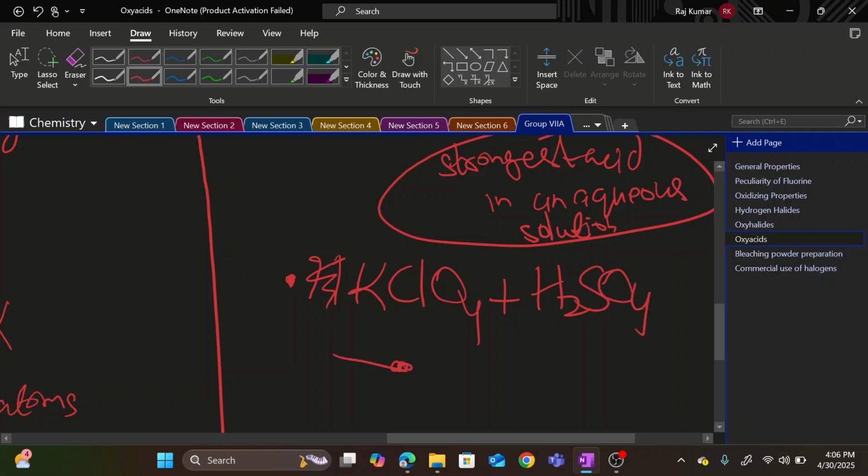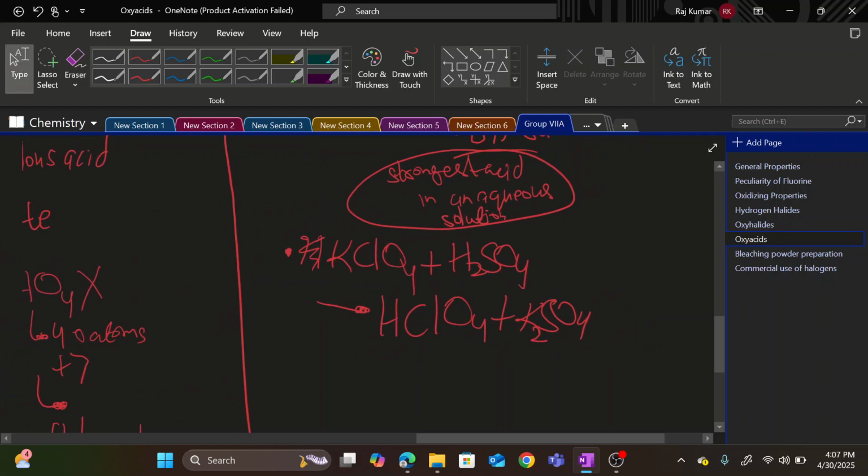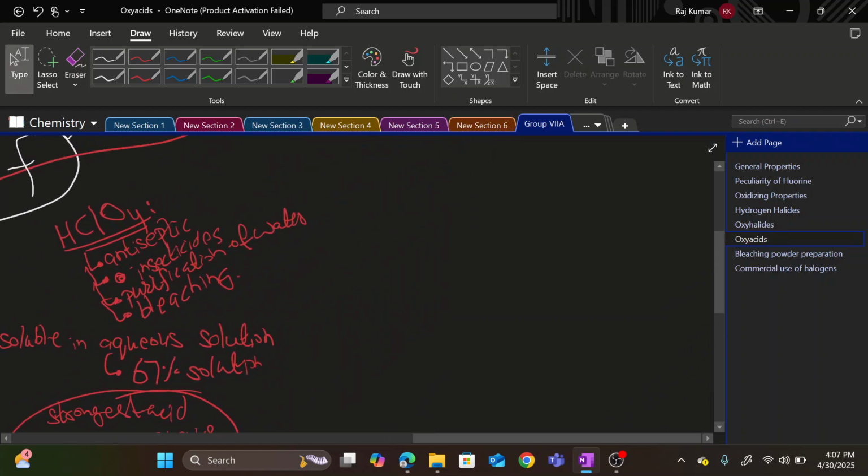At that point, we will get perchloric acid with potassium sulfate. So this is an important point.